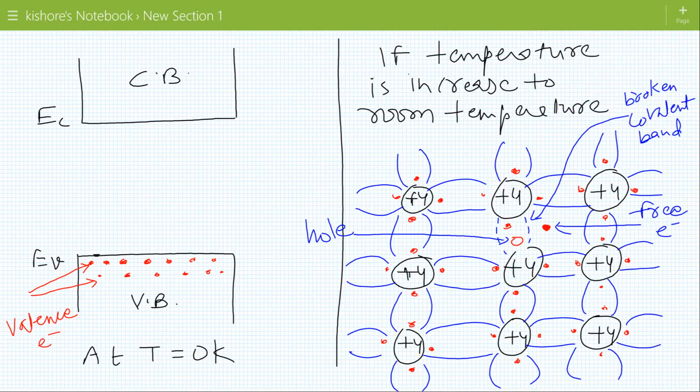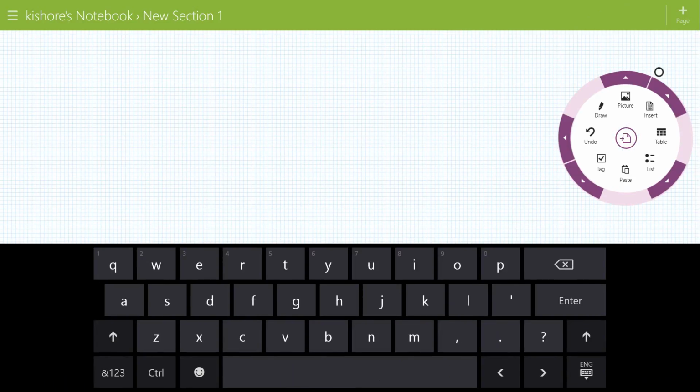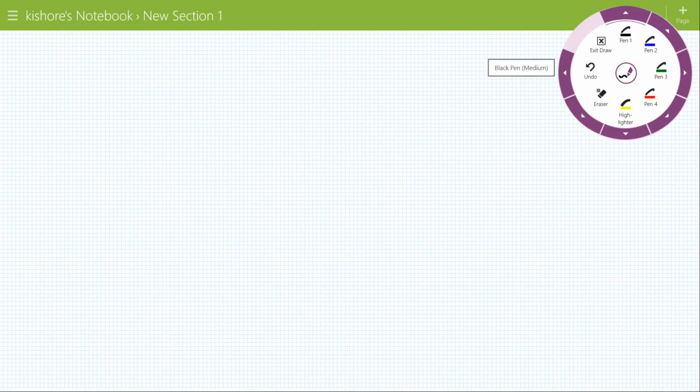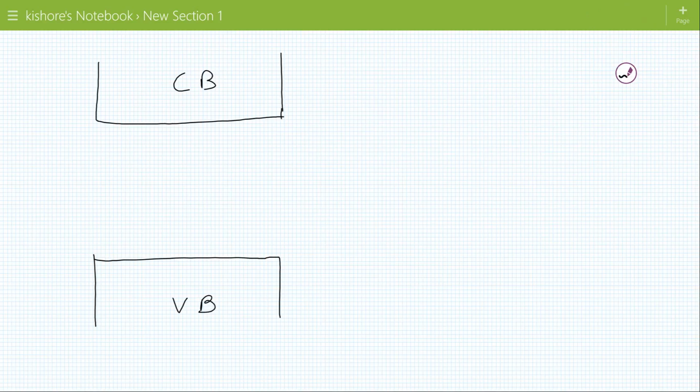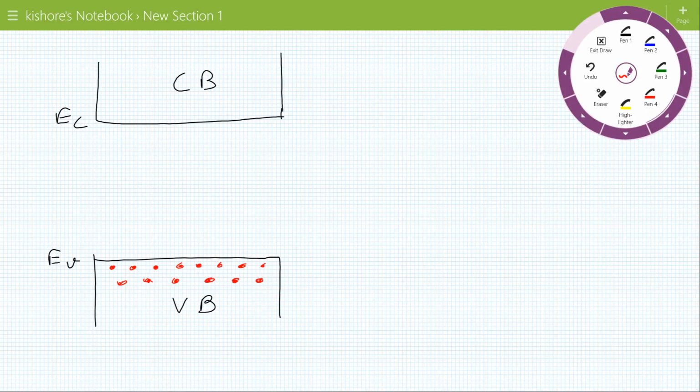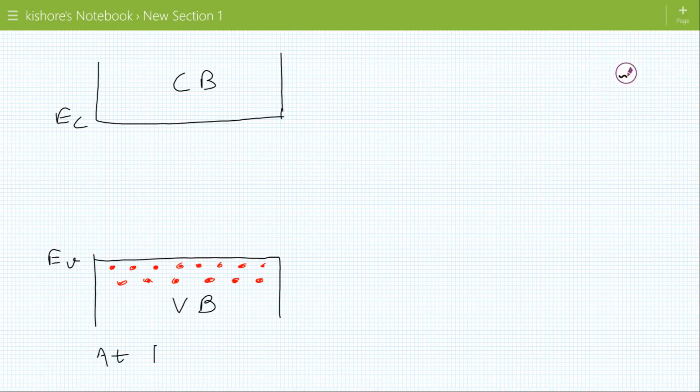We can show this in the energy band diagram also at room temperature, or 300 Kelvin.